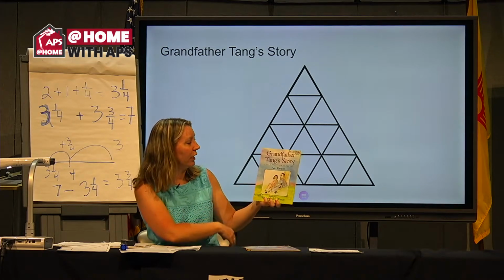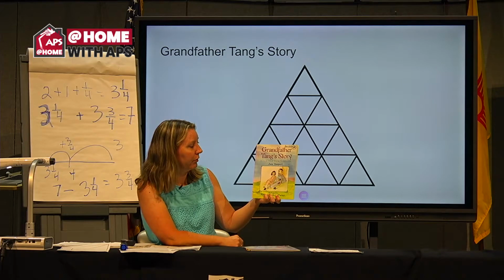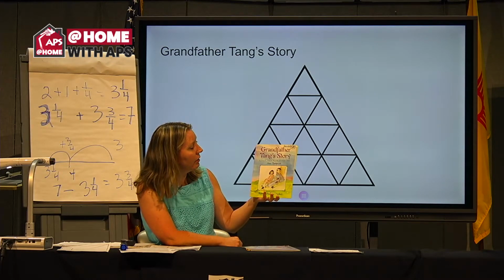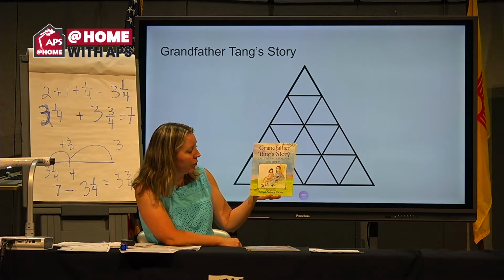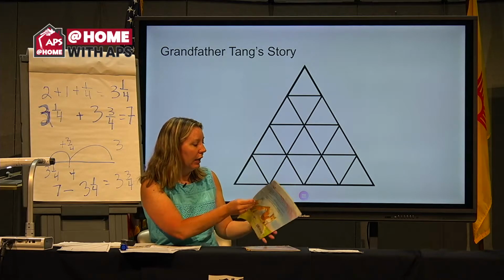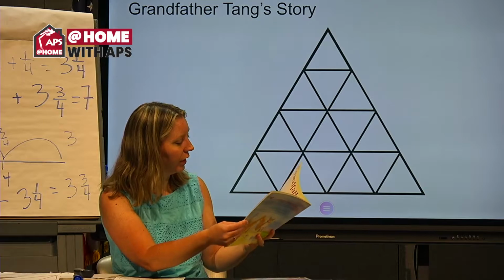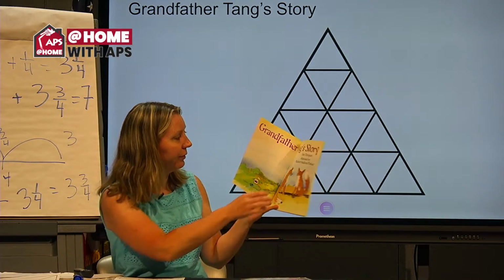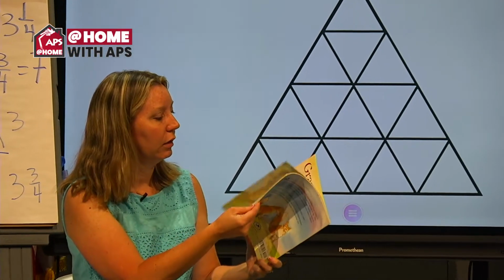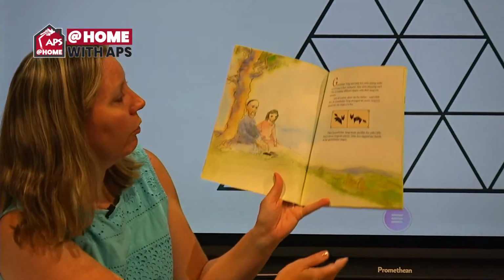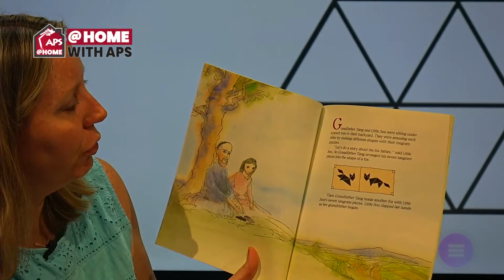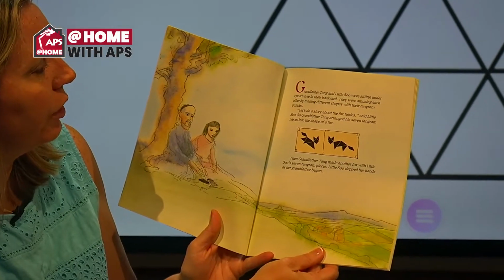Grandfather Tang's Story, A Tale Told with Tangrams by Anne Tombert, illustrated by Robert Andrew Parker. Published by Dragonfly Books. Grandfather Tang and little Sue were sitting under a peach tree in their backyard.